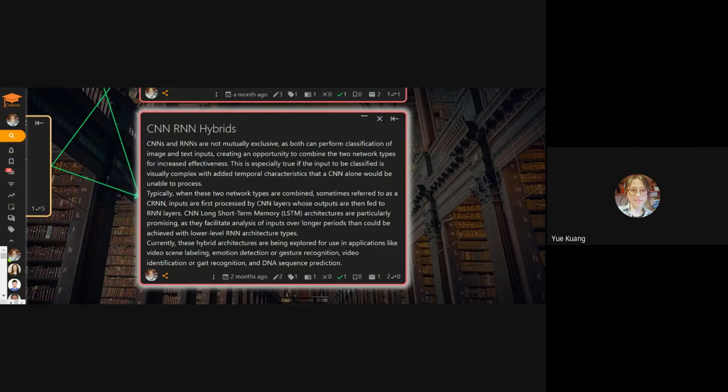And currently, these hybrid architectures are being explored for use in applications like video scene labeling, emotion detection, gesture recognition, video identification, and DNA sequence prediction.